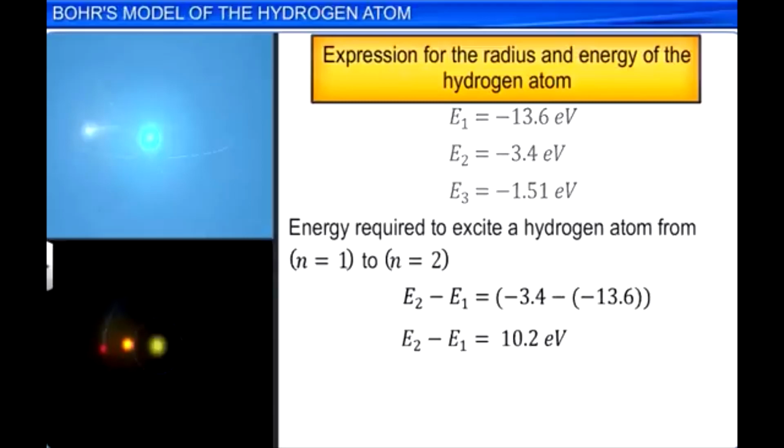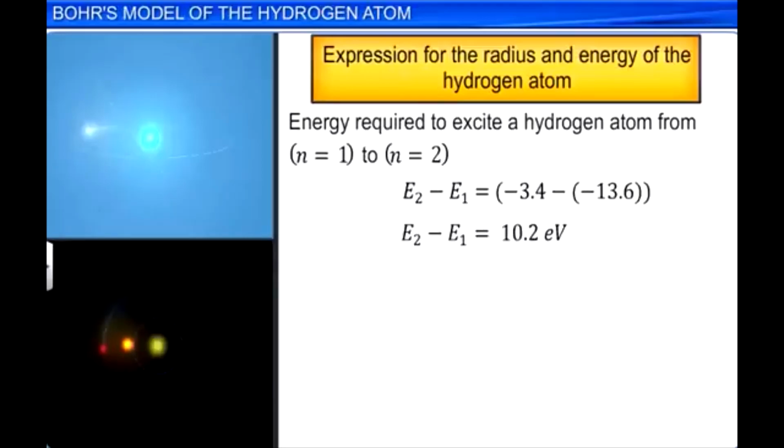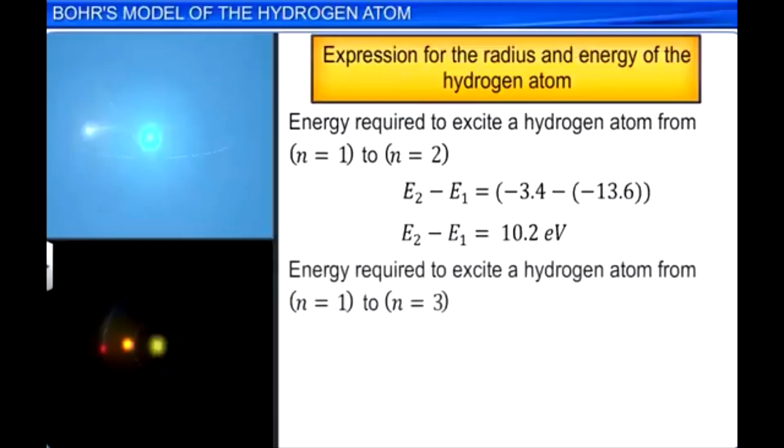Similarly, to excite a hydrogen atom from the ground state, where n equal to 1, to its second excited state, where n equal to 3, the energy required is E3 minus E1. This is equal to minus 1.51 minus of minus 13.6, which is equal to 12.09 electron volts.